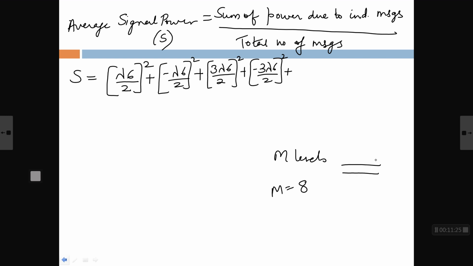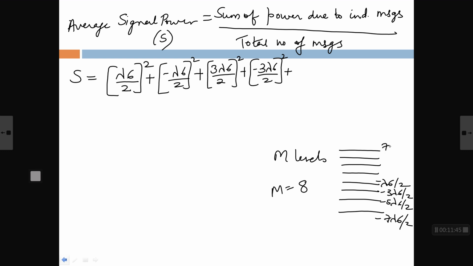Okay, so 4 levels will be there on the positive side, 4 levels on the negative side. So this one would be lambda sigma by 2, minus 3 lambda sigma by 2, minus 5 lambda sigma by 2, and last is minus 7 lambda sigma by 2. Similarly here it will be 7 lambda sigma by 2.